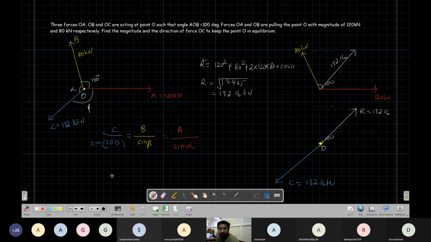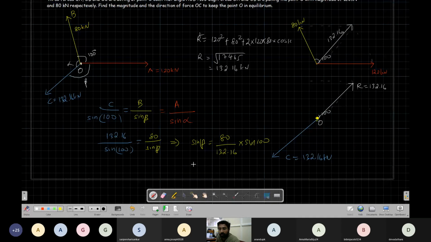Okay, so I'll write 132.16 upon sin 100 should be equal to B upon sin beta. What is B? B is 80. So 80 upon sin beta. This gives me sin beta equal to 80 upon 132.16 times sin 100.